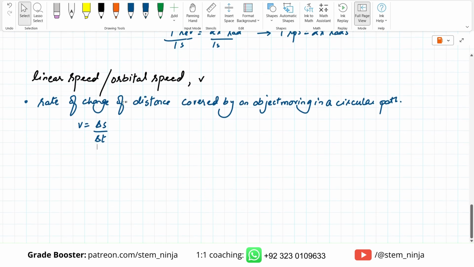However, we know that for one full circle, for one full circular rotation or one full revolution, the distance that it covers is 2 pi r.